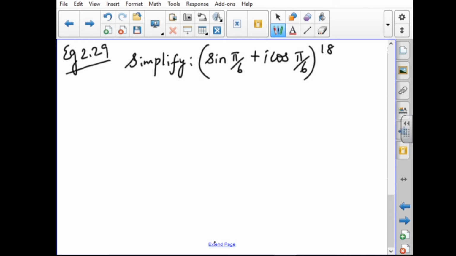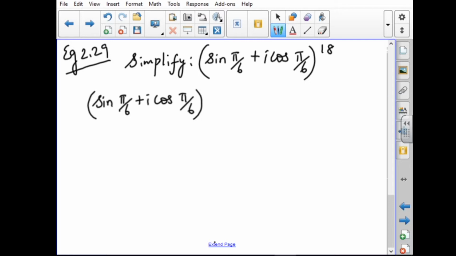Okay, here first we have to see that it starts with sin theta. So we have to change it in the form of cis. So first step is to write down sin pi by 6 plus i cos pi by 6. Students, be clear that only after changing it to cos theta first can you bring the power inside.